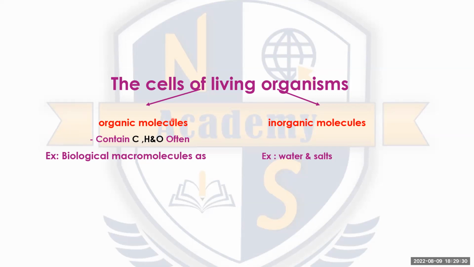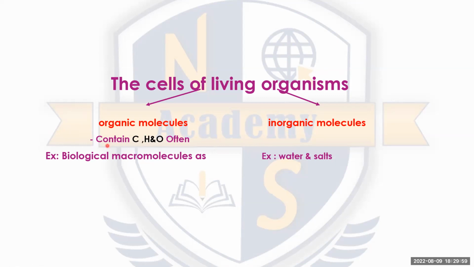What is the difference between organic and inorganic? The key word that lets you differentiate between organic molecules and inorganic molecules is the presence of C. What does the letter C refer to? Carbon. Excellent. Carbon atom. So organic molecules must have carbon atoms in their structure.